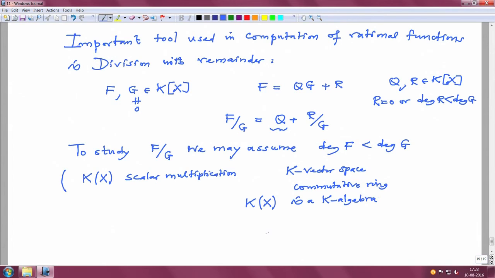Remember, K algebra means vector space and commutative ring, and both these structures are compatible. And the polynomial algebra Kx is a K subalgebra of it.